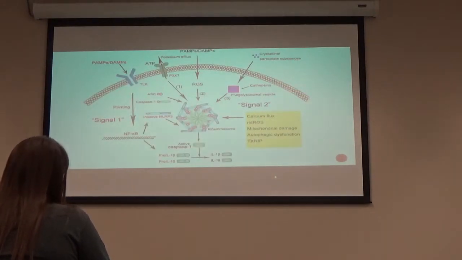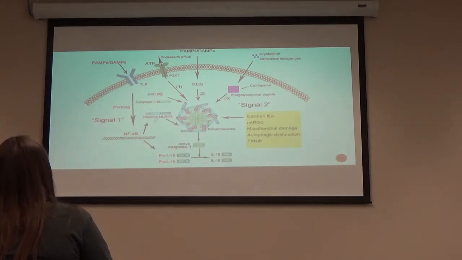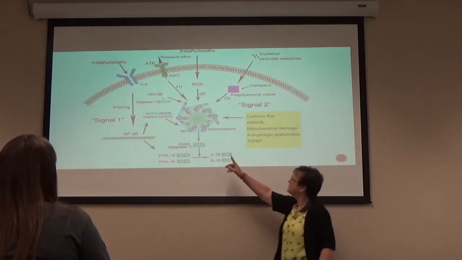So when you have some trigger, we'll say the uric acid, it will activate and cause this ASC, this caspase, and these NLR, and this is the main, there's lots of them, but these three will form a complex. It's this pretty little pinwheel.